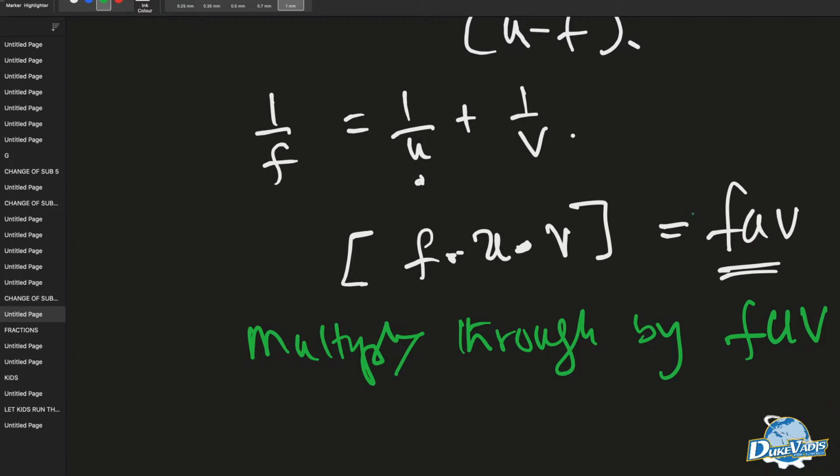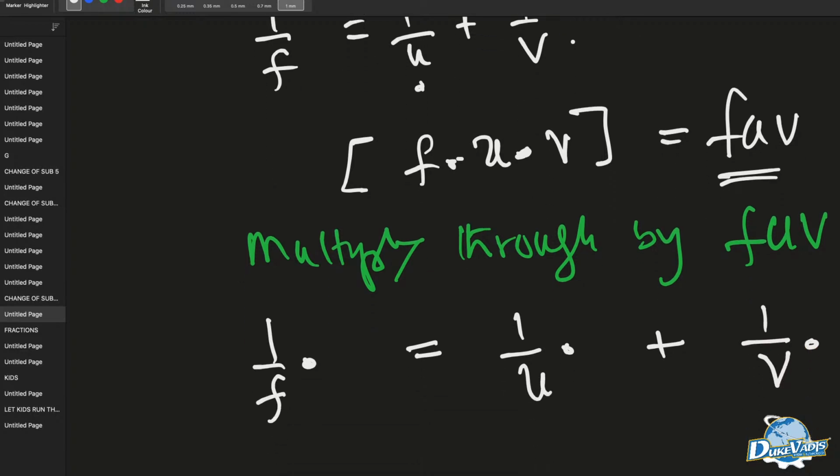So let's write the equation down. We have 1 over f is equal to 1 over u plus 1 over v. So I'm going to multiply here and here and here by FUV.